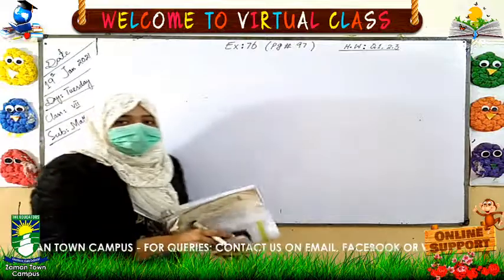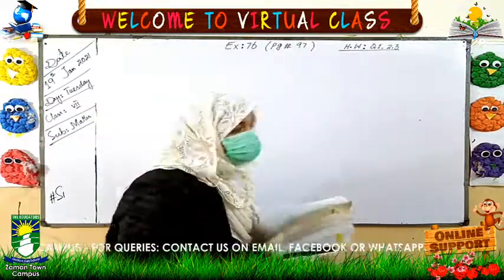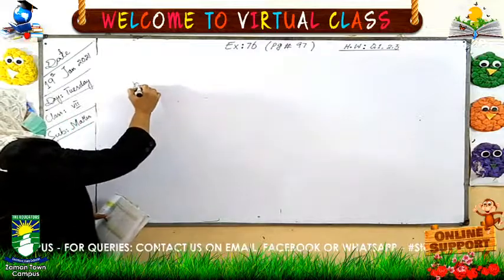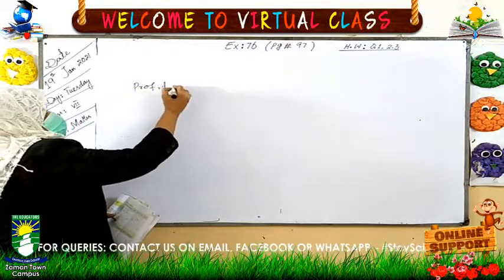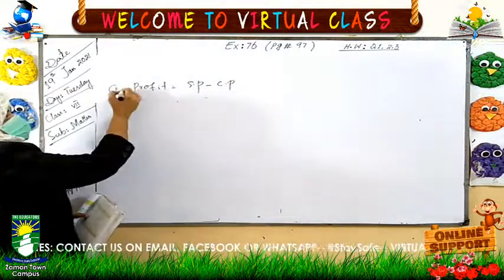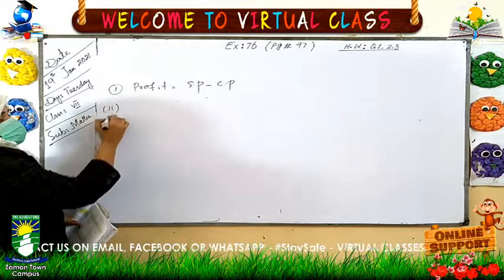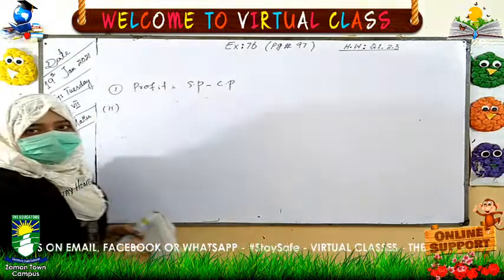Now student, you have to solve question number 1, 2, 3. In question number 1, we will use two formulas. Profit is equal to SP minus CP. It is your formula number 1. And what will be your second formula for question number 1?